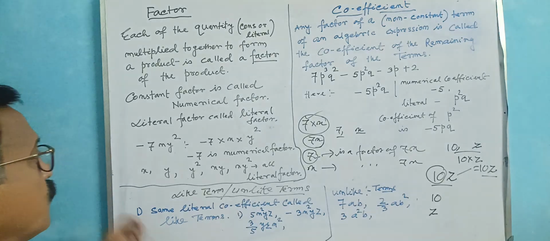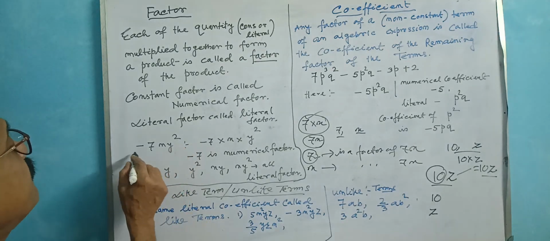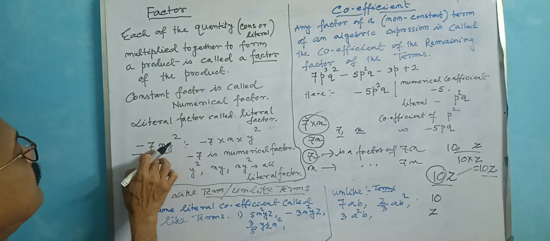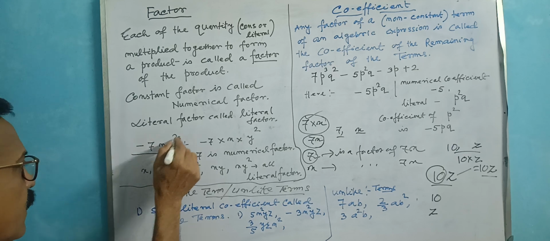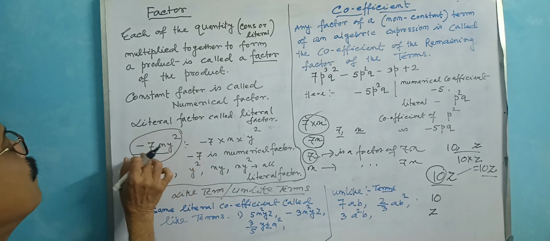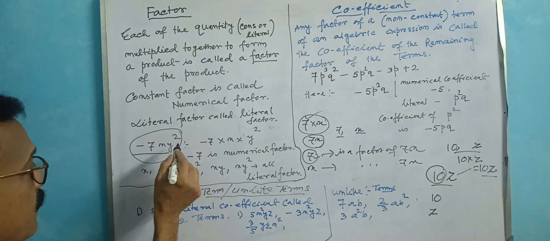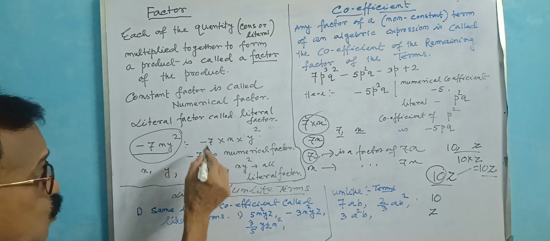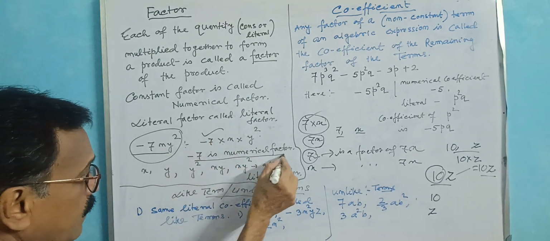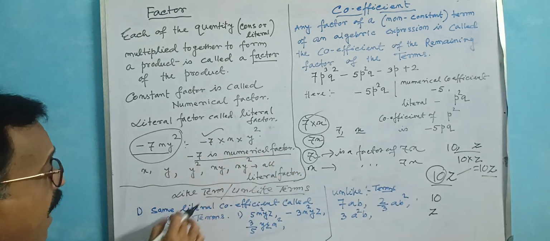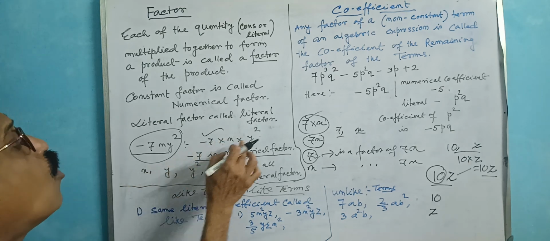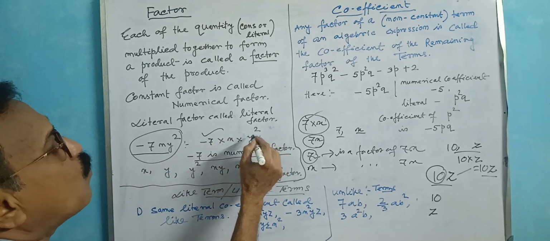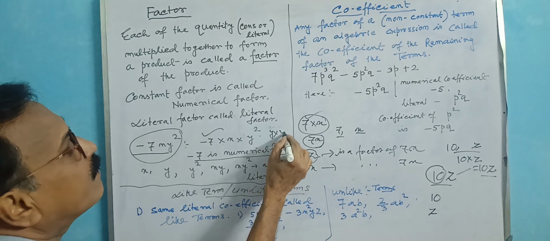Understand? Now here is an example: minus 7xy square. This is an algebraic expression, multiplied together. So it is minus 7 into x into y square. Minus 7 is called the numerical factor, and x separately or y separately. Actually y square means y into y.